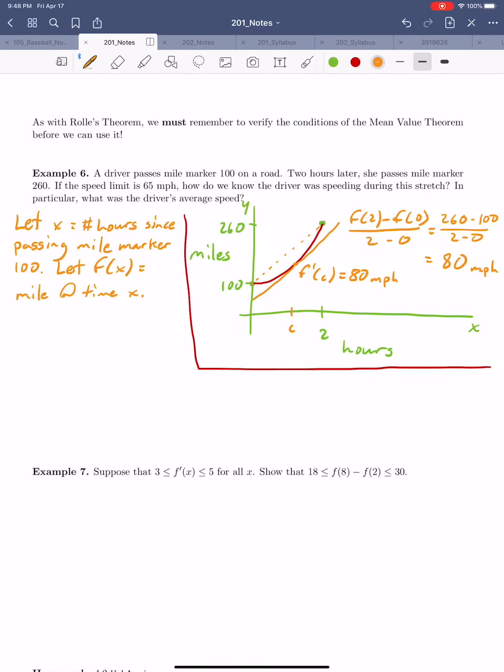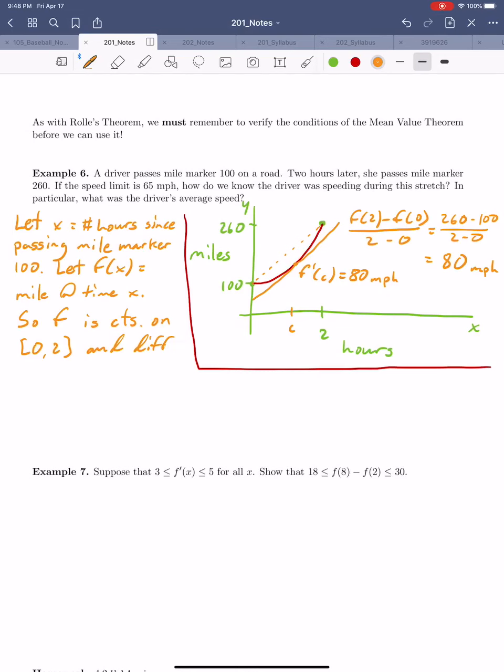So, I think it's clear here that the way reality, time, and distance work is that f is a continuous and differentiable function. So f is continuous on [0, 2] and differentiable.